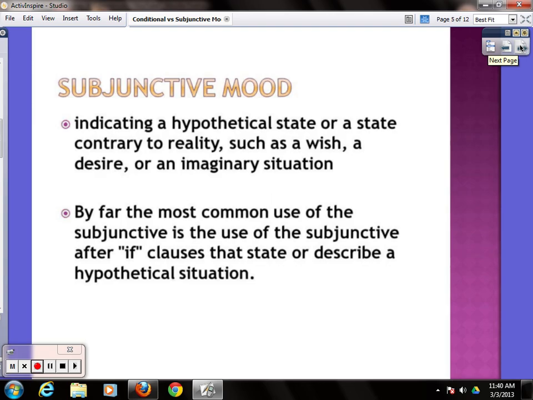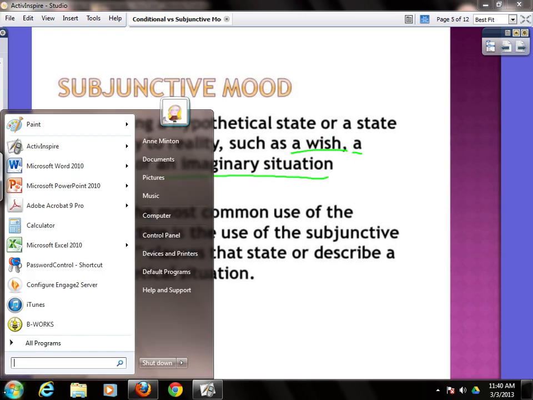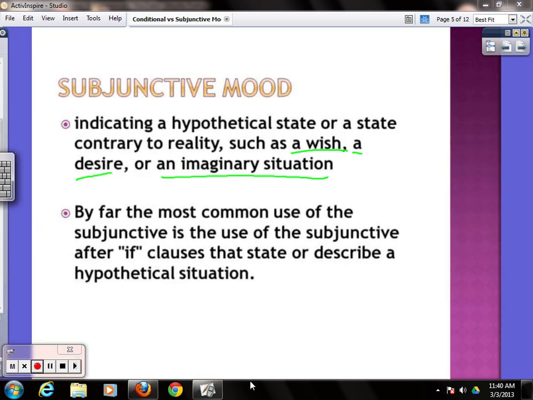Subjunctive mood indicates a hypothetical state or a state contrary to reality, such as a wish, a desire, or an imaginary situation. By far the most common use of the subjunctive is after if clauses that state or describe a hypothetical situation. We used if clauses in the conditional.